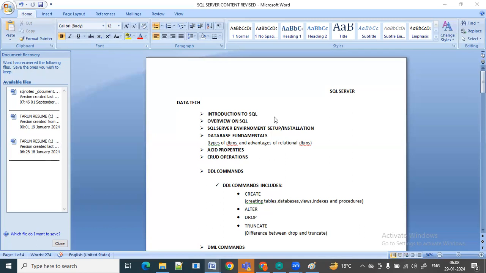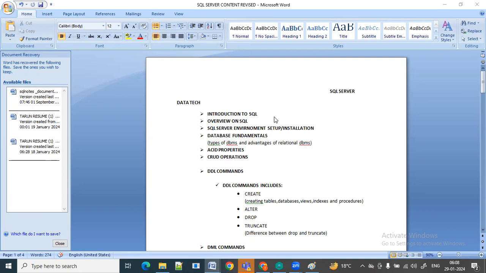Database fundamentals include other databases, their importance and their failure. Because other databases failed, we are working on only a single database right now. Correct? So what happened to all those databases, and why are we using this database right now? Like DBMS, that we will be discussing in the database fundamentals.